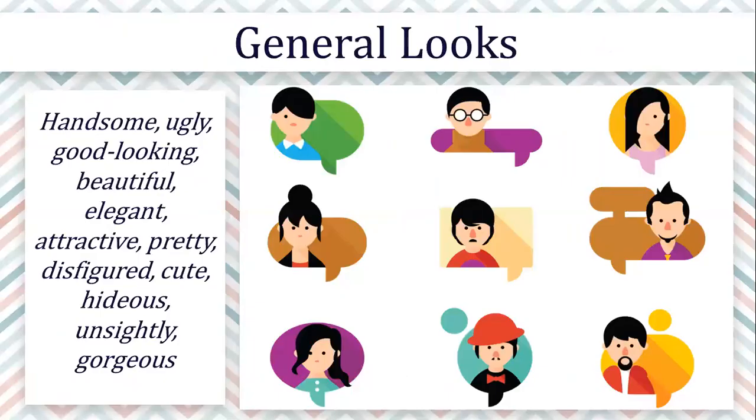Maybe they're handsome, maybe they're ugly. It's actually the look which you perceive the moment you look at the person. They can be gorgeous, they can be hideous. If you're talking about a story, maybe they can be attractive, pretty, disfigured, cute, elegant, intelligent, whatever they look like.